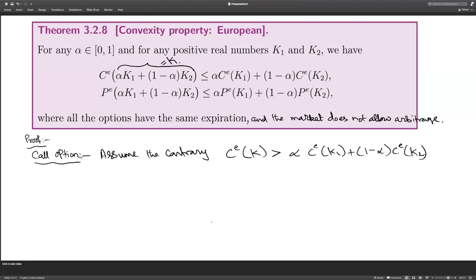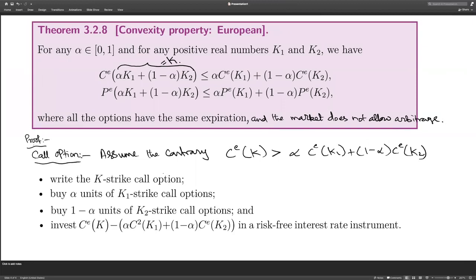Now we have to construct a portfolio. So how are we going to construct it? First, write a K strike call option. Remember, K is this number. It's just a convex combination of K1 and K2. Write the K strike call option. So when you write the K strike call option, you get the premium CE of K, and buy alpha units of K1 strike call option.